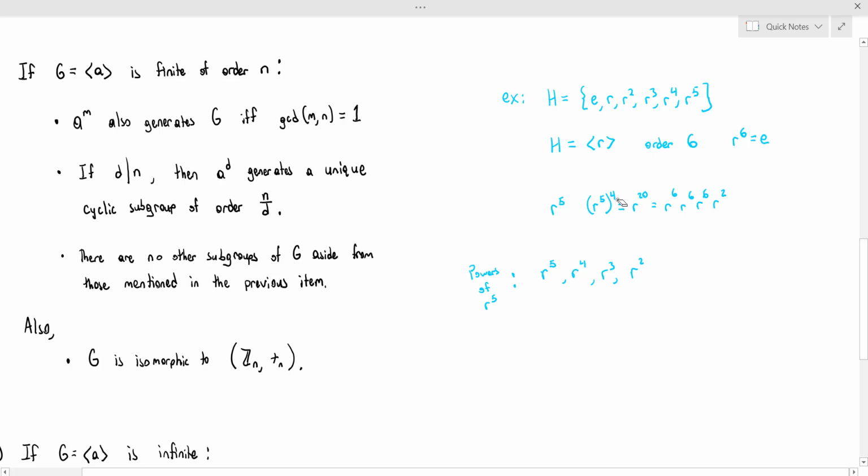You can maybe see the pattern, but if I now take r to the 5th and raise it to the 5th power, it's r to the 25th power, and 25 is 24, or 4 sixes, plus 1, so times an extra r to the 1. Since each of these is an identity, when we multiply it all out, it's just equal to r.